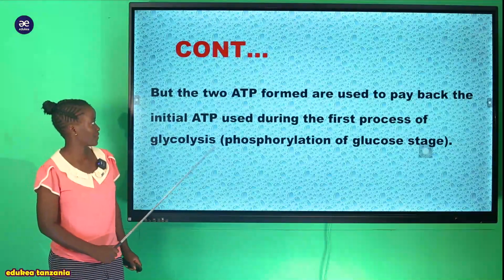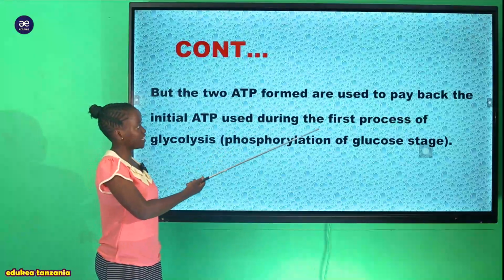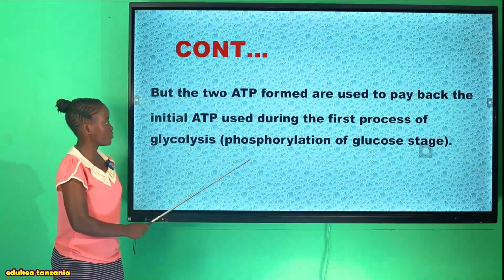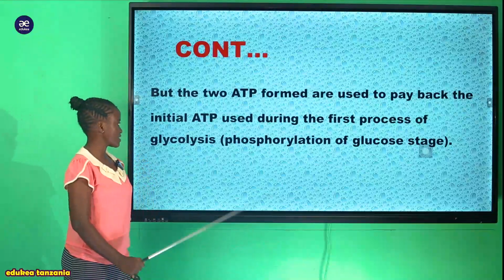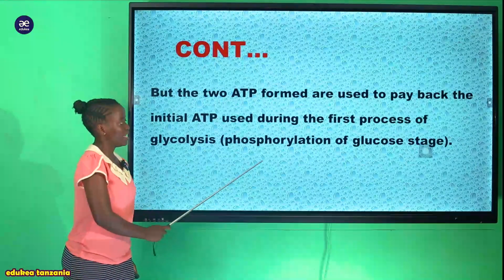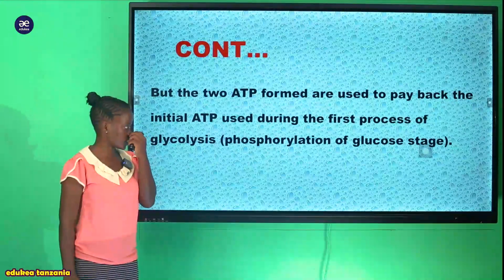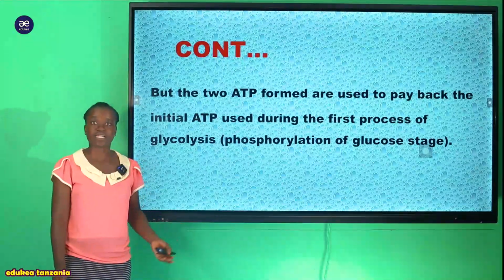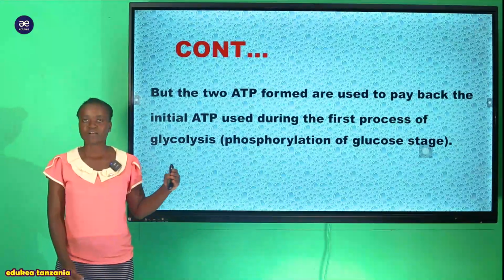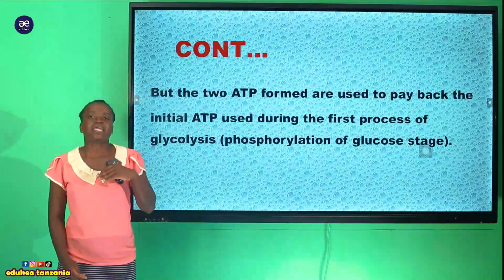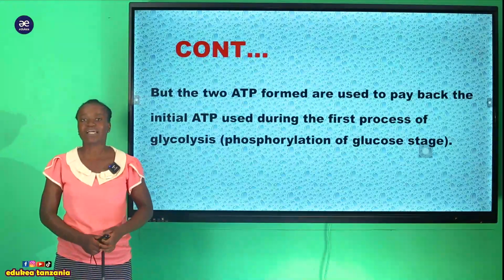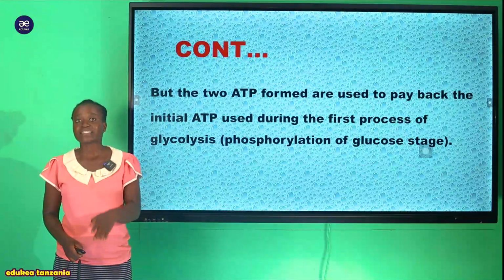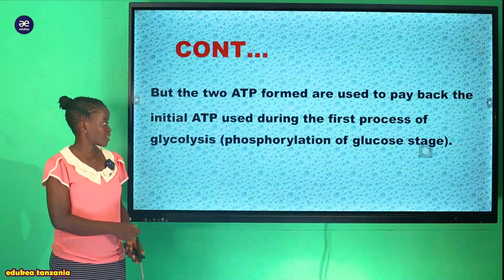But the 2 ATP formed are used to pay back the initial ATP used during the first process of glycolysis, which is the phosphorylation of glucose stage. So you can see that this ATP produced goes back to the earlier stage. We say it pays back the ATP that was used to break down the glucose molecule to get glucose 6 phosphate.